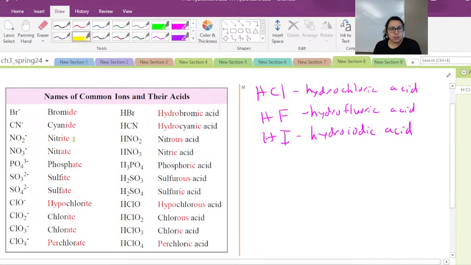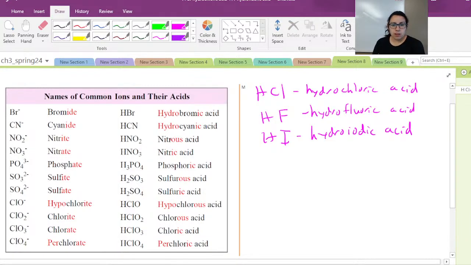And so your nitrite, notice nitrite has fewer oxygens than nitrate. So nitrous acid isn't really found commercially available. It's just something that forms and then decomposes. But then nitric, this is what you buy in a bottle and we use it in lab. And so that -ous is for the lower oxygens, and then -ic is for more.